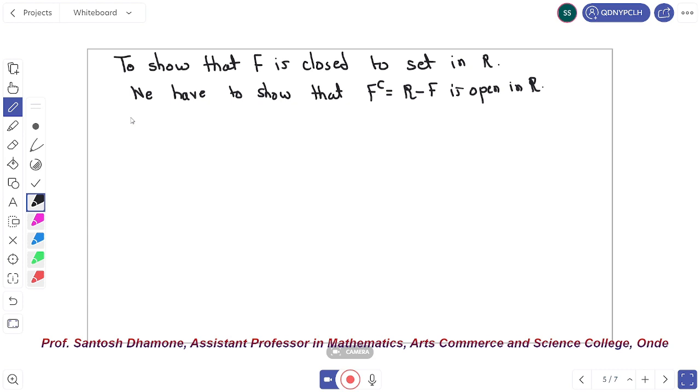This is our interval, which is equal to the open interval (2p minus 1, ...). 2p minus p cancel, then we get 1.